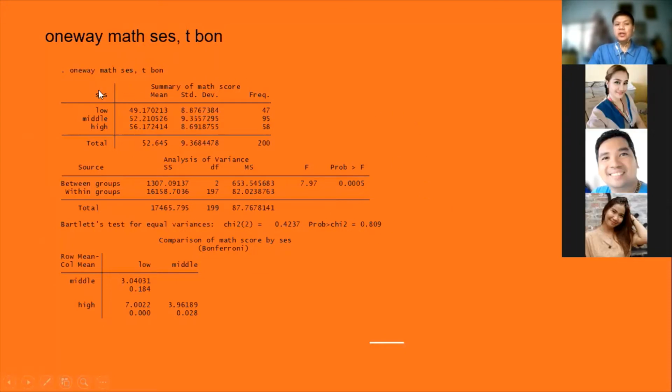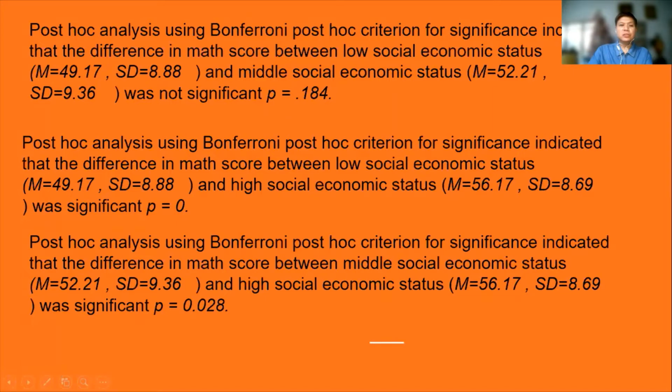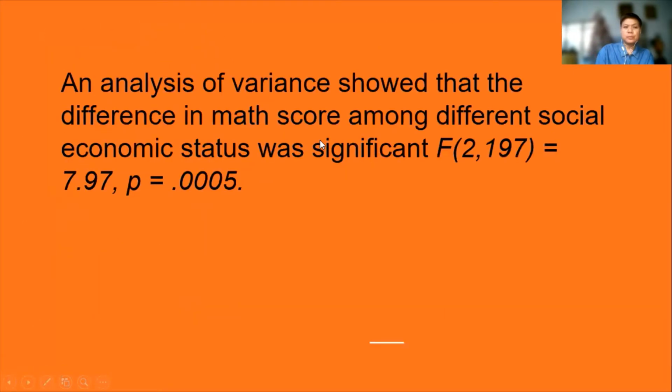Okay, so this is the command: one-way math SES, comma, T bond. And here we have the result. How do we interpret? The interpretation is quite long. This is the first interpretation.